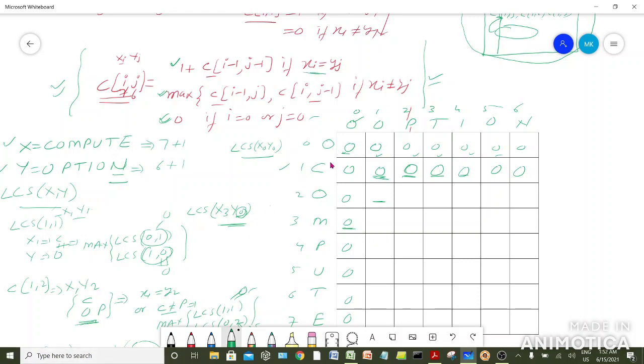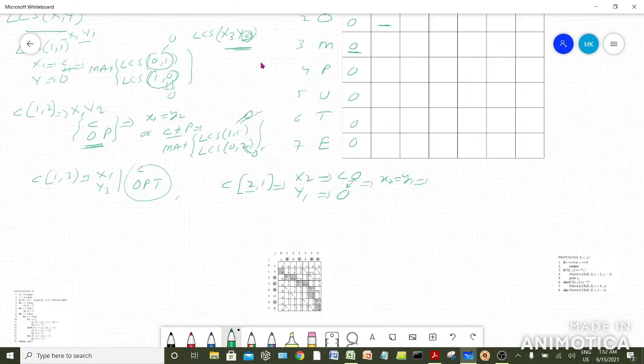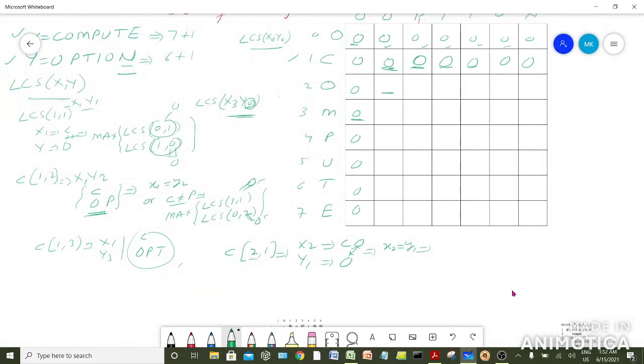Because x2 was equal to y1, this entry is going to contain 1 plus C of i minus 1, j minus 1, which means C of 1 and 0, and this entry we already know is equal to 0, so this is going to be equal to 1. Just put 1 here.